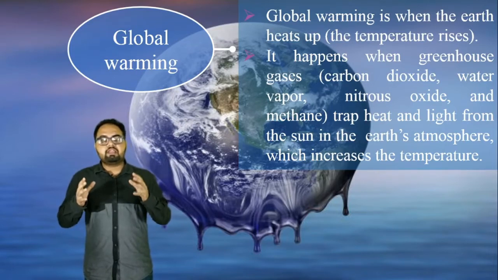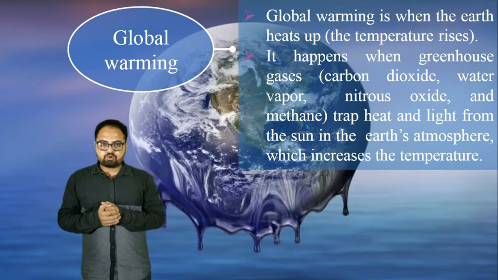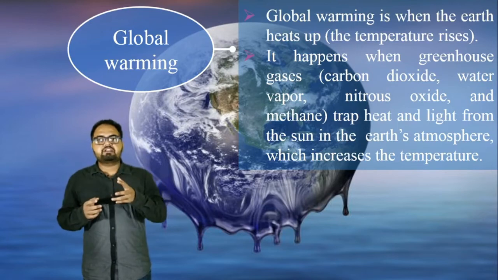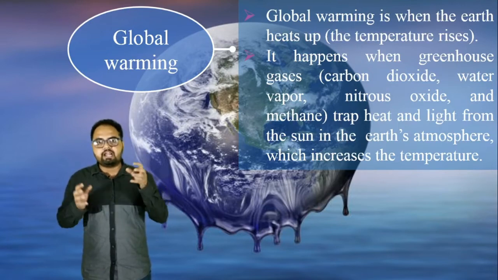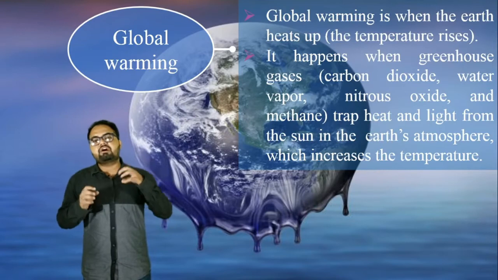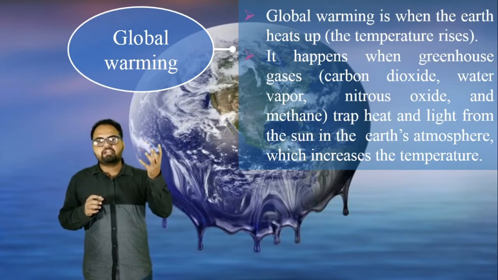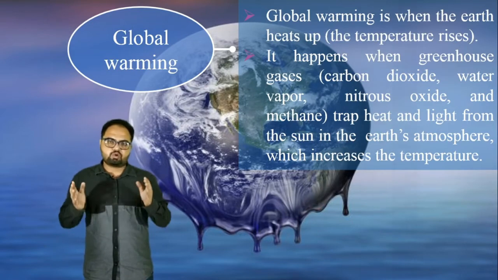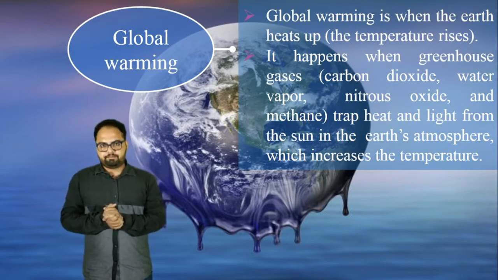The greenhouse gases like carbon dioxide, water vapor, nitrous oxide, methane are trapped inside the earth's atmosphere, and they absorb the heat and light from the sun, and the earth's atmospheric temperature is increased, and due to that there is global warming.